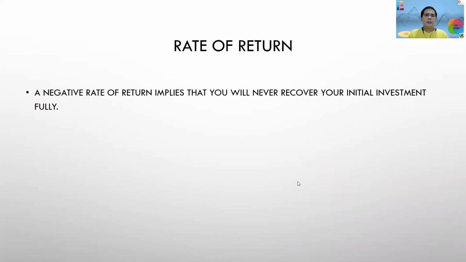A negative rate of return implies that you will never recover your initial investment. Why? Because the rate of return is negative, therefore your cost outweighs your benefit.